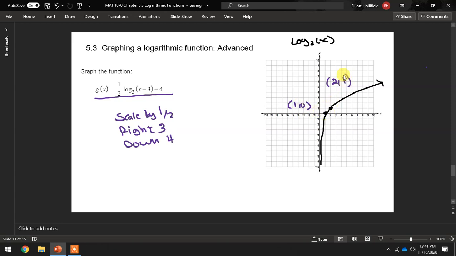If we scale 1 by 1/2, that becomes 1/2. So 1, 0 goes to 1, 0 under the first translation, and 2, 1 goes to 2, 1/2.